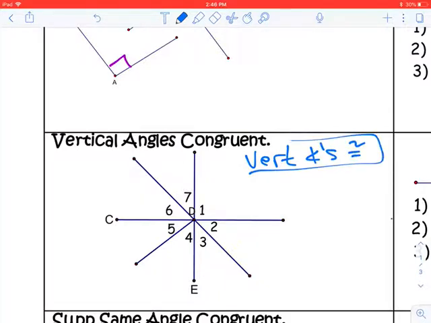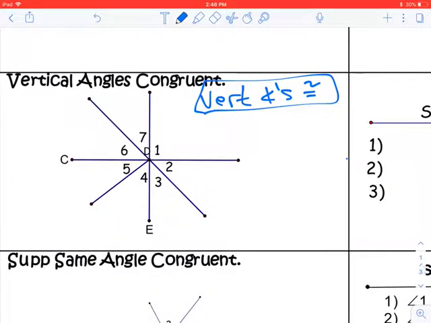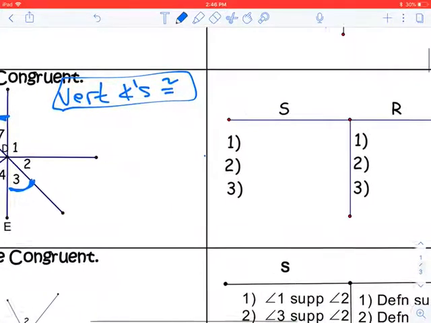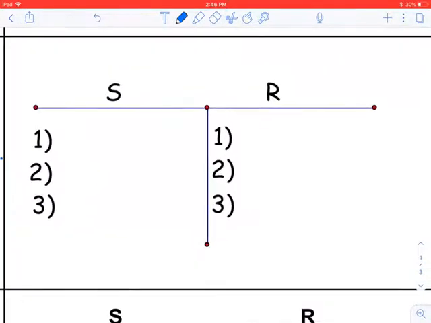That's an abbreviation for this one. There's a few different vertical angles in this case. So like right here, 7 and 3 are opposite of each other. Those are congruent because they're vertical angles. So angle 7 is congruent to angle 3.